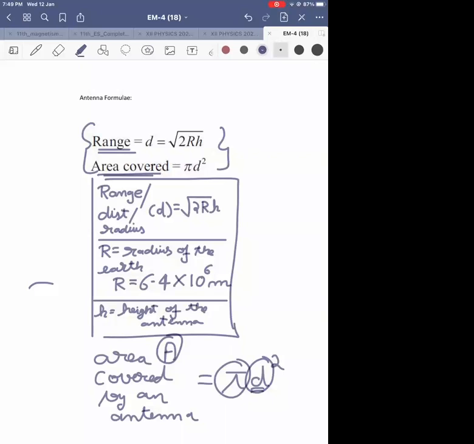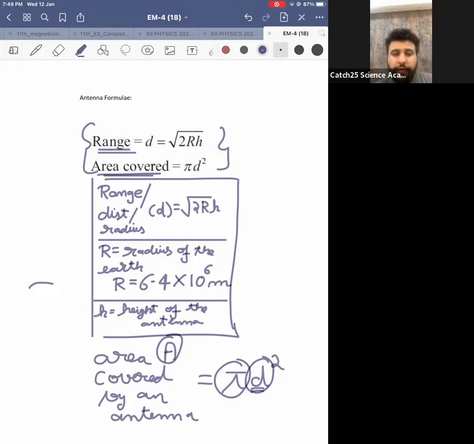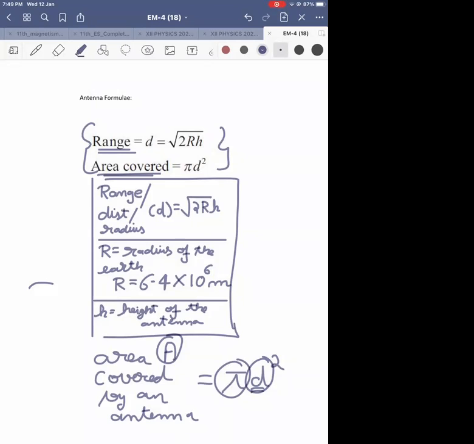The unit. Unit, sir. Unit for what? Area covered. Meter square. Area covered will be meter square.